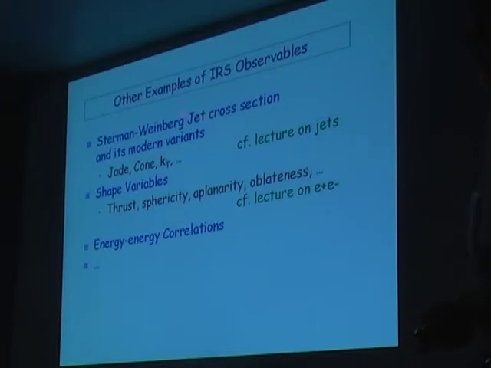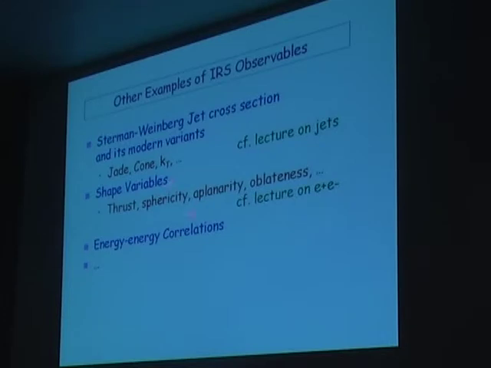The modern variants of this are more familiar to most of you. Starting from e+ e- days, there's the JADE definition of jets. In hadron colliders, the cone definitions, now kT definitions, and so on. Of course, we will have lectures on jet physics, and we will talk more about that.